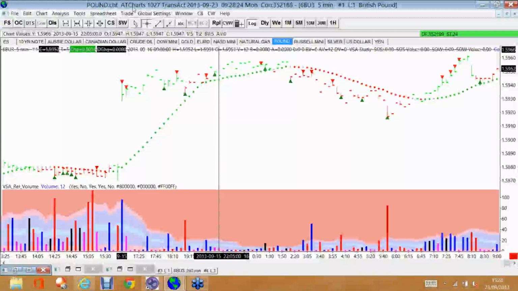Okay, we'll have a quick look at gold while we let that trade develop in the euro, and see if anything happens. I haven't looked at gold today. Yep, there is a signal there. Yeah, that's an upthrust, on a 1-minute chart of gold. You've certainly got weakness in the background.